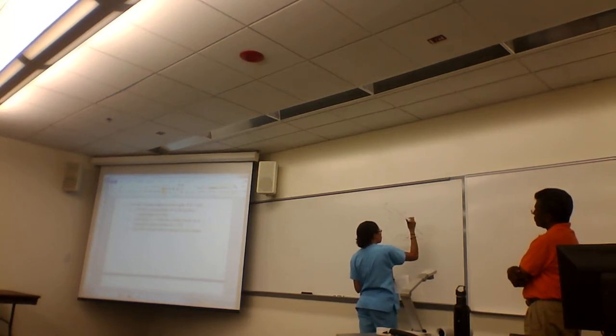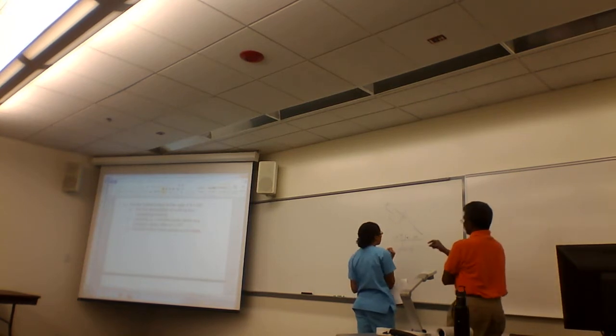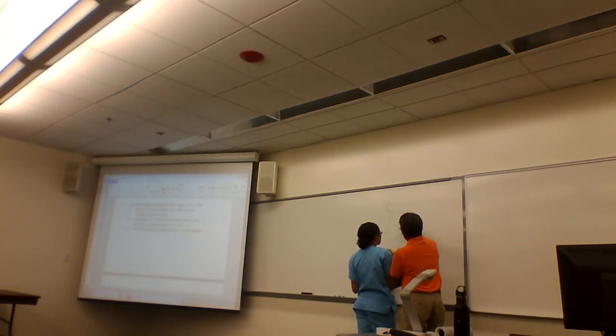You did one thing and you're saying something else. What angle are you crushing? 65. Okay, so that's cosine 65. Or else you can look at this one. What are you doing to that 20? Stretching 25, or crushing 60. Both are the same. Okay.